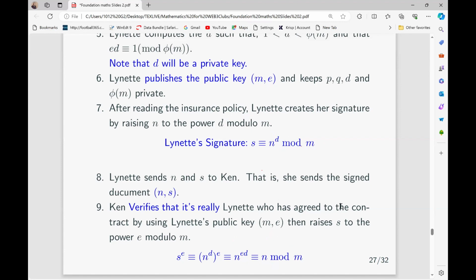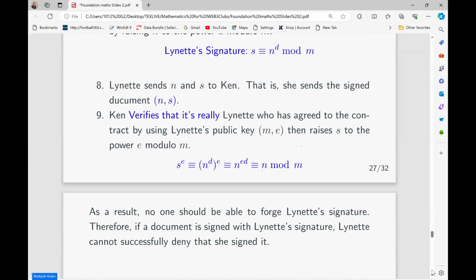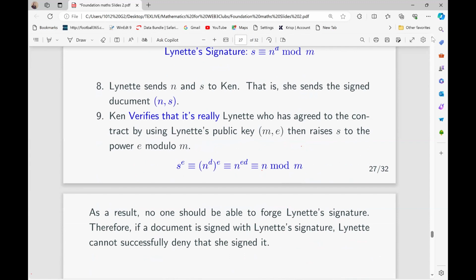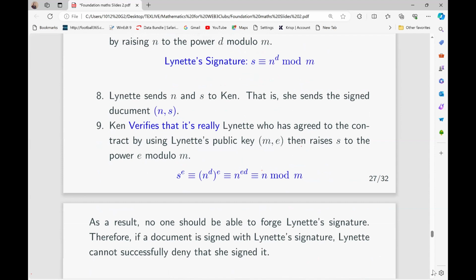Now, that is how to do digital signature by use of RSA. And as I said, we have several other ways of doing digital signature. It's just a way of trying to verify that the documents that have been signed indeed have been signed by the people alleged to have signed them.